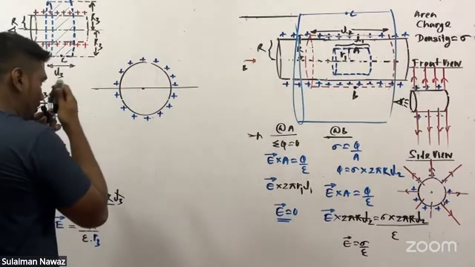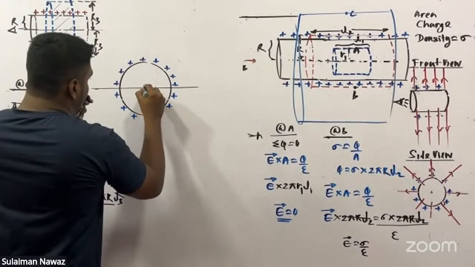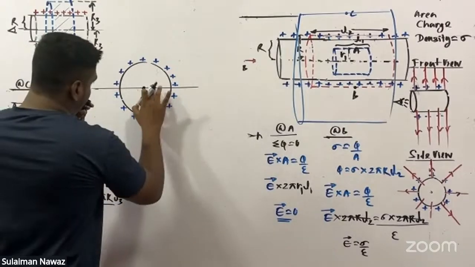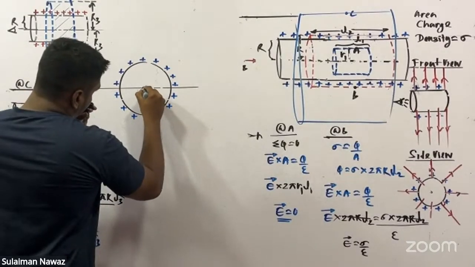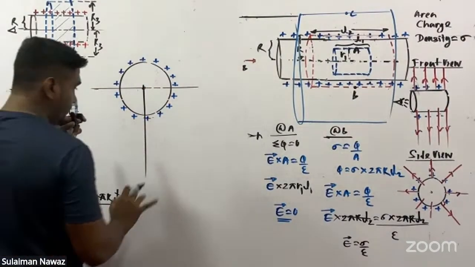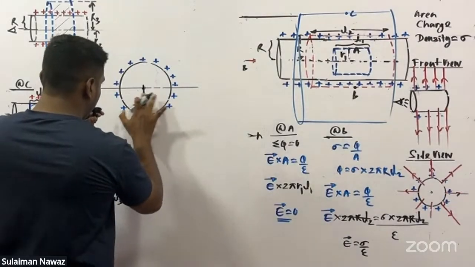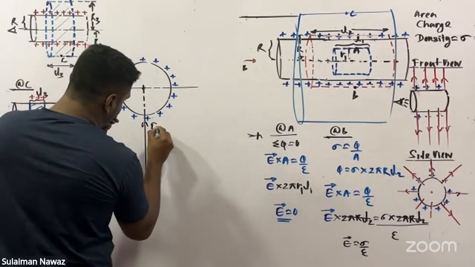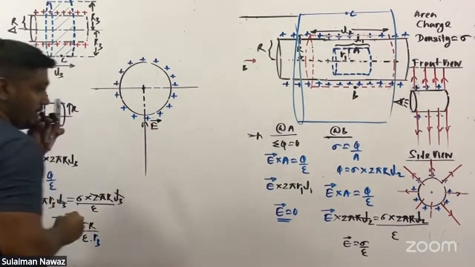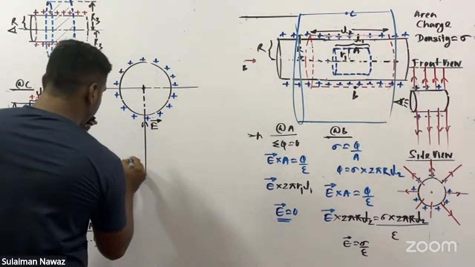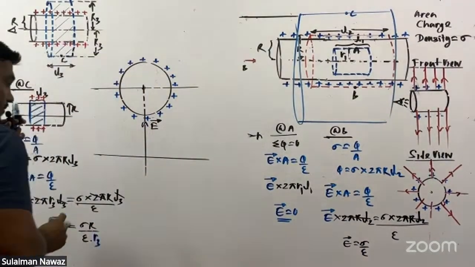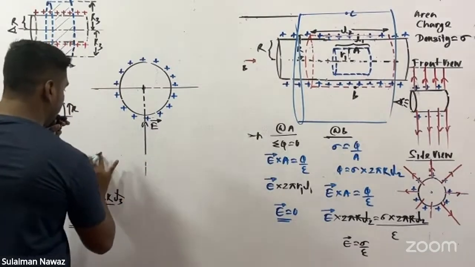If I draw the variation of intensity with the distance, the y-axis is going to be intensity, and your x-axis is going to be distance.